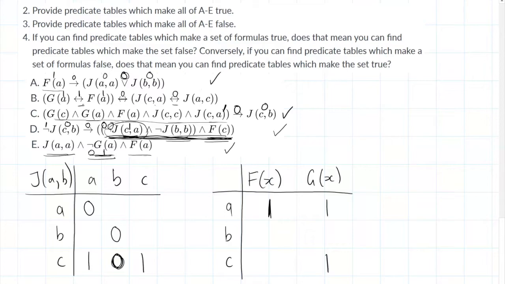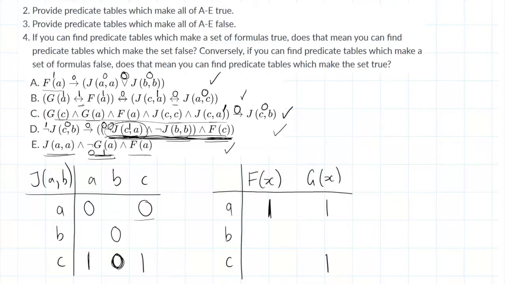So JCA has to have a different value to JAC. I've actually got JCA, and that is a 1, and JAC, I have nothing there, so since JCA was a 1, I have to make JAC a 0. So I've got a 0, and that makes all of A to E false using this table.